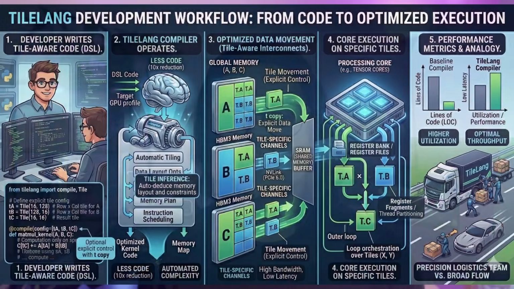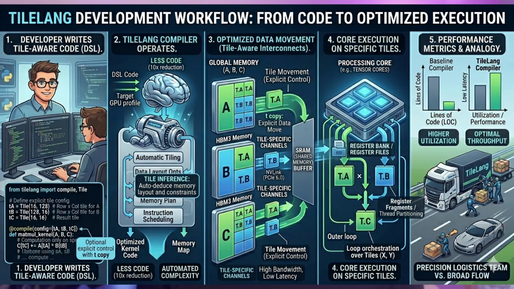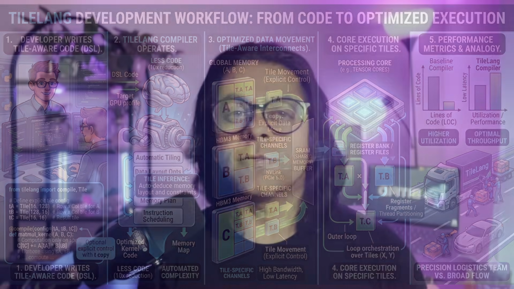In simple terms, a developer can say: take this tile of data from the global memory, move it to the shared memory, prepare it for computation, run the matrix operation, fuse multiple steps together, and keep the compute units busy. In the picture, it is represented by things like T.copy, tile inference, SRAM, registers, and fragments. These are the mechanics of organized data movement that help coordinate the whole flow.